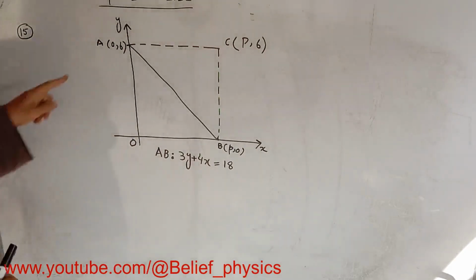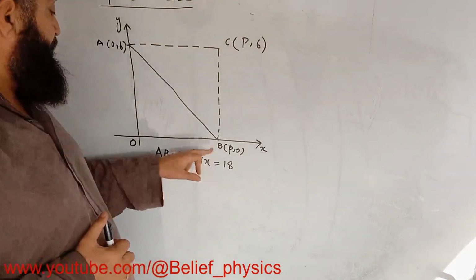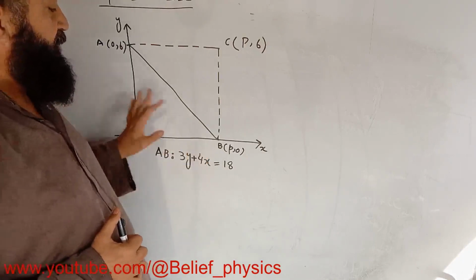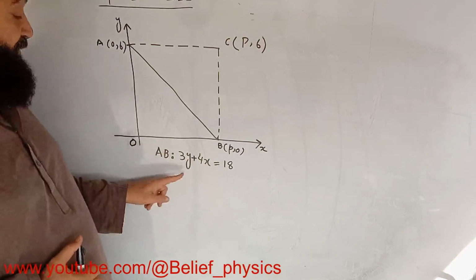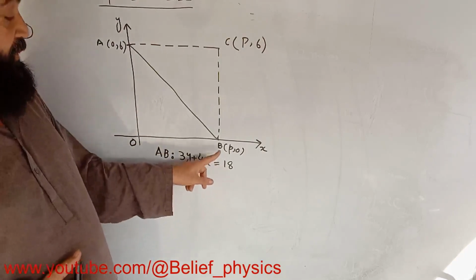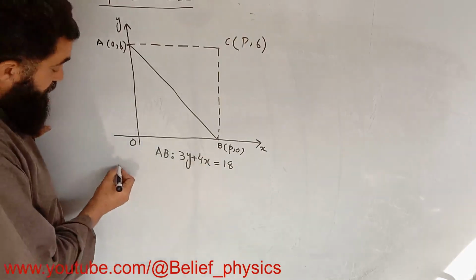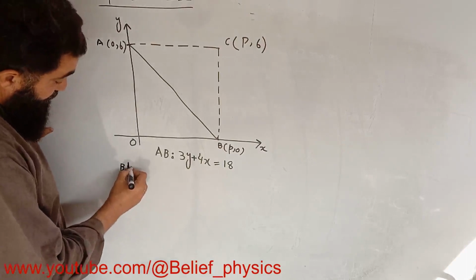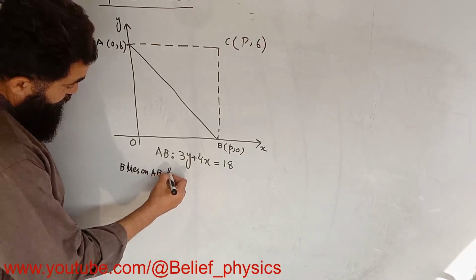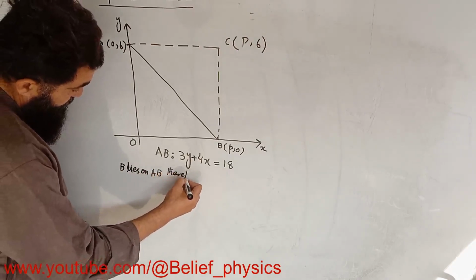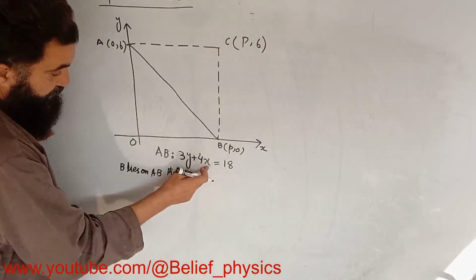Look here. A and B lie on this line, so the coordinates of A and B will satisfy this equation. We put the coordinates of A, (0, 6), and we get 18 is equal to 18. Similarly, B should also satisfy it. B lies on AB, therefore B's coordinates are given as (P, 0), so x is equal to P and y is equal to 0.